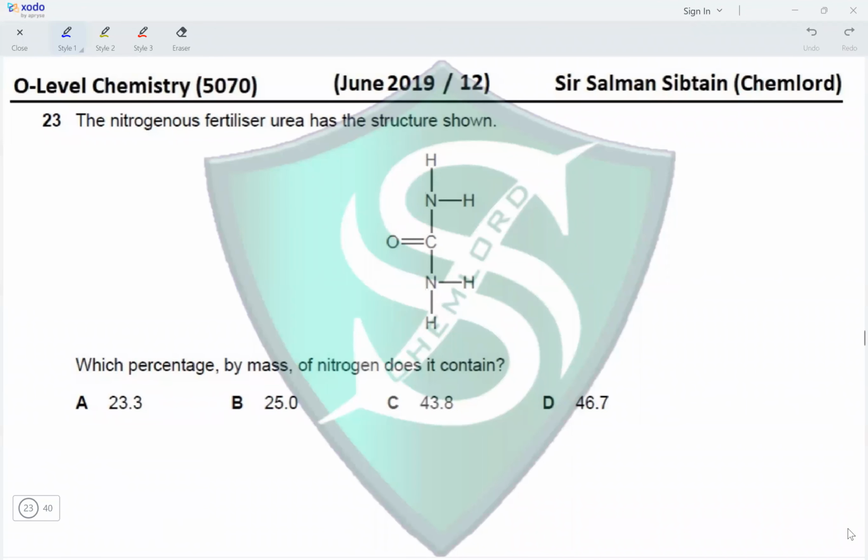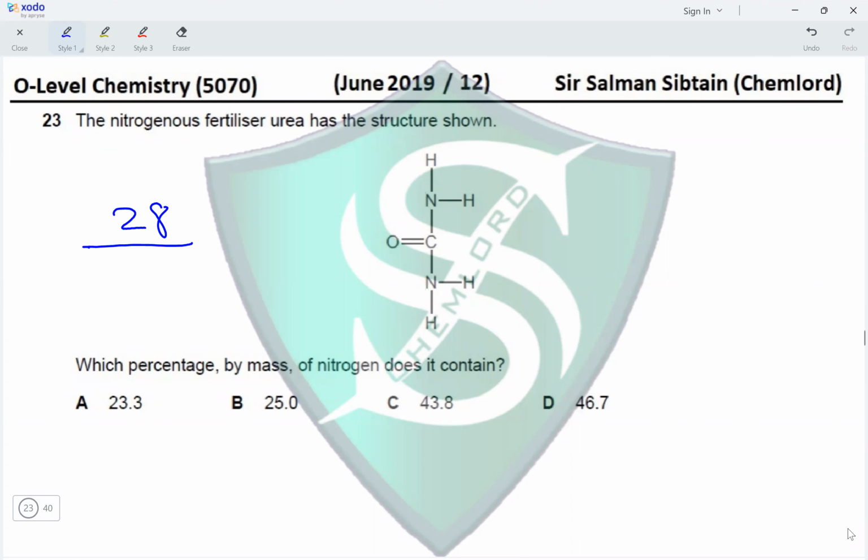Question 23. The nitrogenous fertilizer urea has the structure shown. Which percentage by mass of nitrogen does it contain? In total, this has two atoms of nitrogen, which means the mass of nitrogen is 28, and the overall mass of urea can be calculated. We have two nitrogen, one carbon, one oxygen, and four hydrogen atoms.